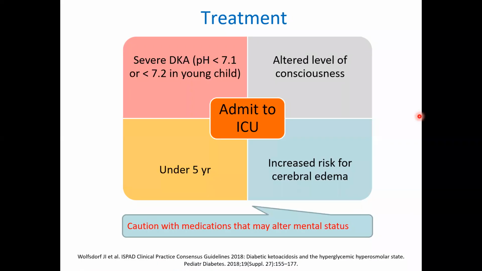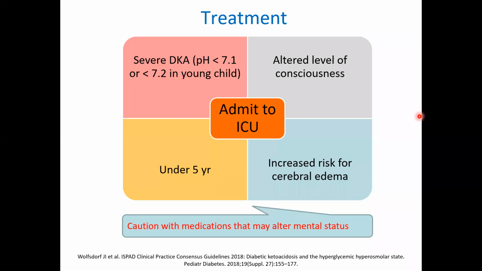All patients with DKA should usually be admitted to an ICU, especially moderate and severe DKA, because DKA is a potentially lethal condition, and its management is also potentially lethal. We've talked about the risk of hypokalemia and hypoglycemia, so these are things that need to be monitored closely. But there's of course the challenge of ICU space and inadequate ICU beds.